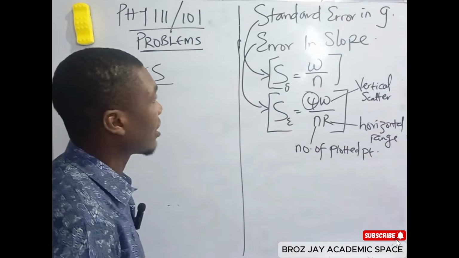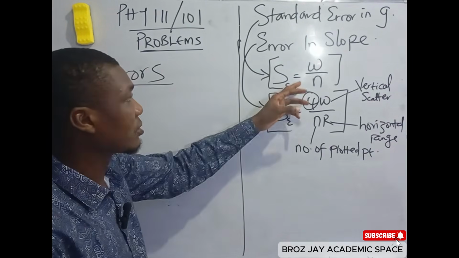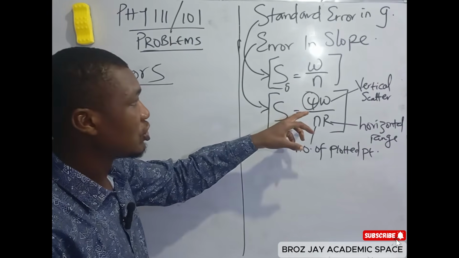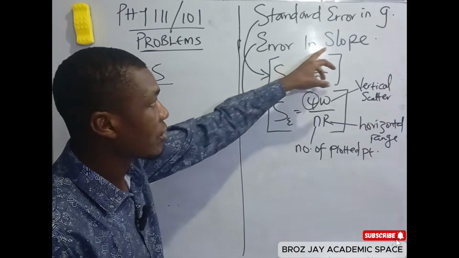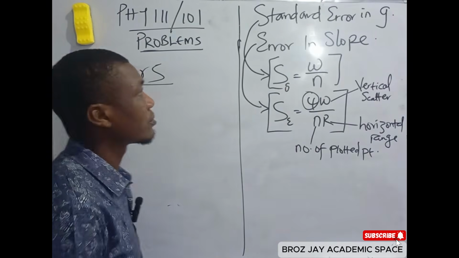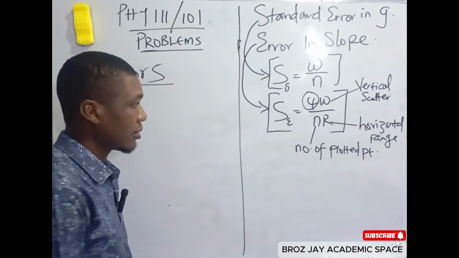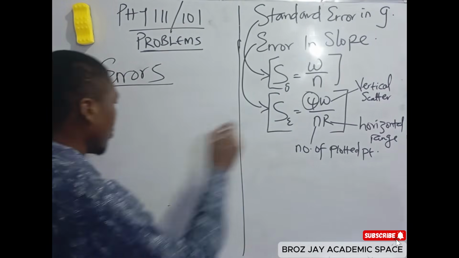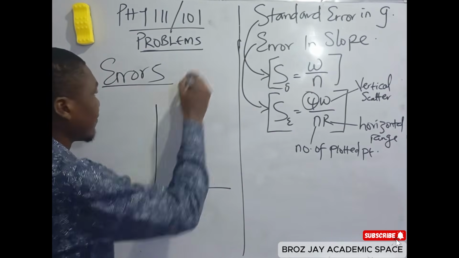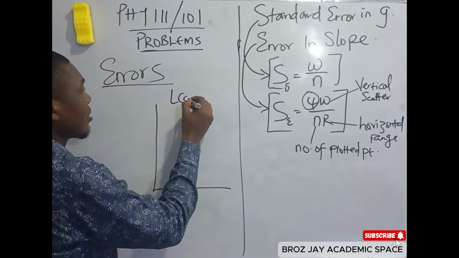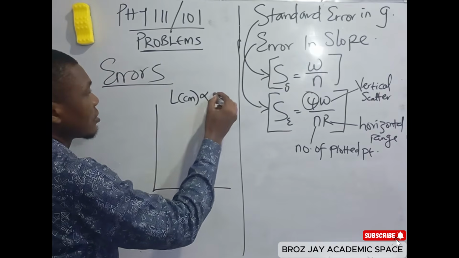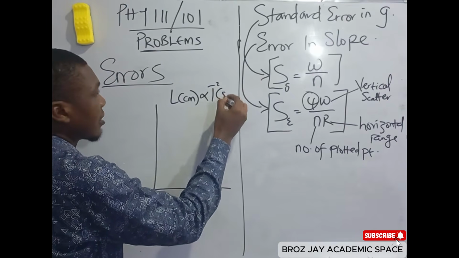So let me assume that we are given a question and they say find the error in the slope. Now, how do we find the error in slope? This is a graph of L in brackets against T squared in brackets.